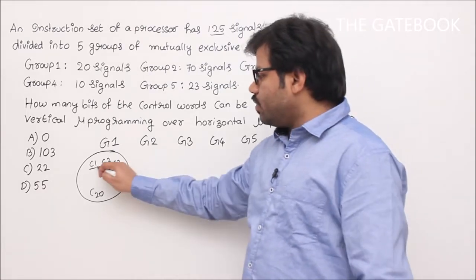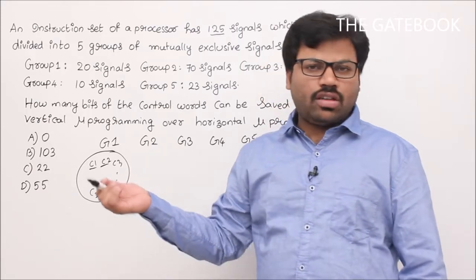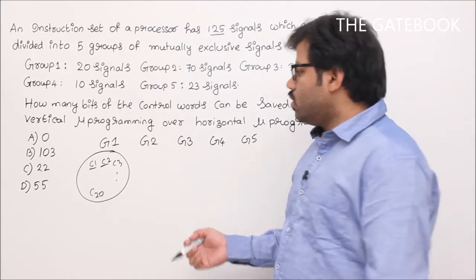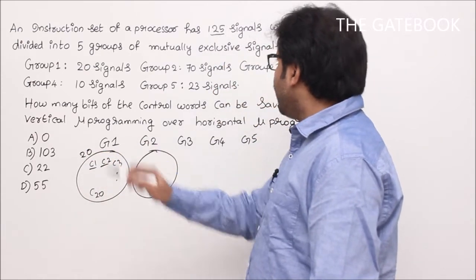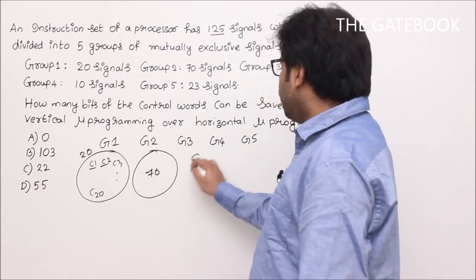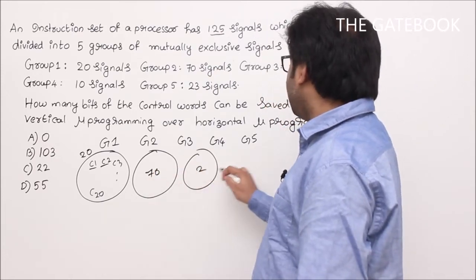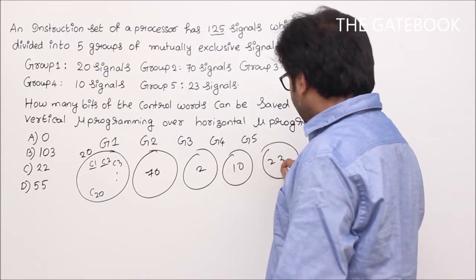If C1 is active, C2 is not active. If C2 is active, then C3, C4 and all the other signals are not active. So we have such a group with 20 signals. Similarly, another mutually exclusive group has 70 signals. Then G3 has 2 signals, G4 has 10 signals, G5 has 23 signals.